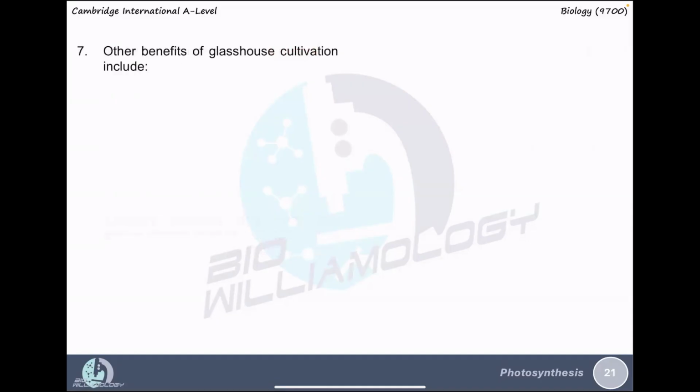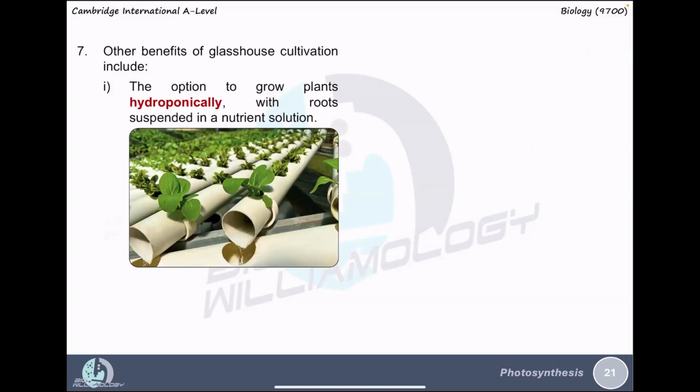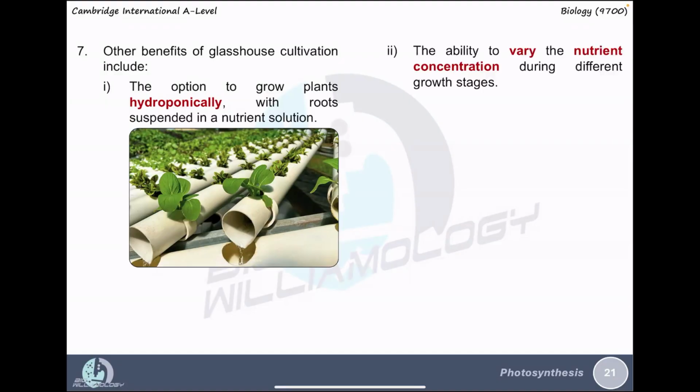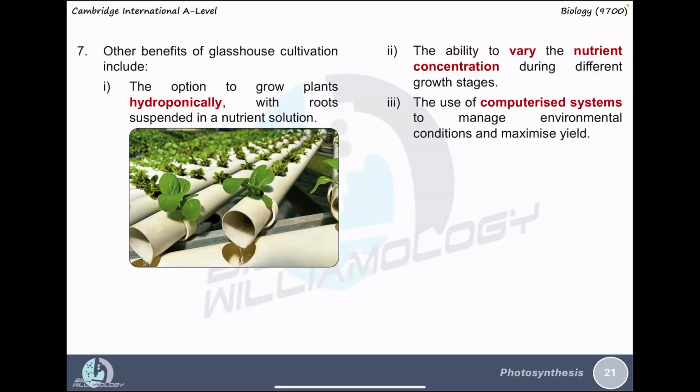Other benefits of glass house cultivation include the option to grow plants hydroponically with the roots suspended in the nutrient solution, like in the diagram. The ability to vary the nutrient concentration during different growth stages. The use of computerized systems to manage environmental conditions by detecting changes in the light intensity and temperature, and readjusting the conditions to suit the growth of the crop plants.